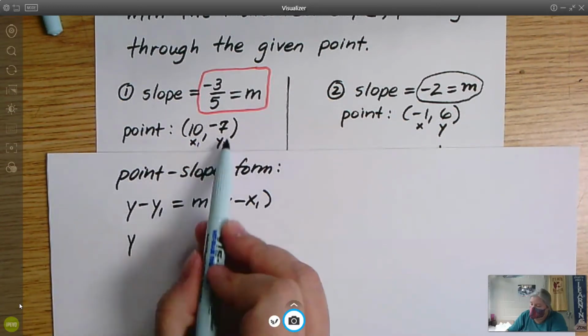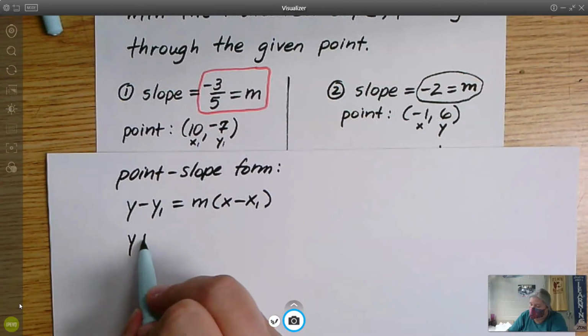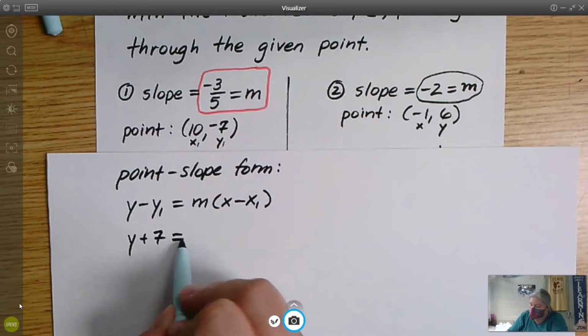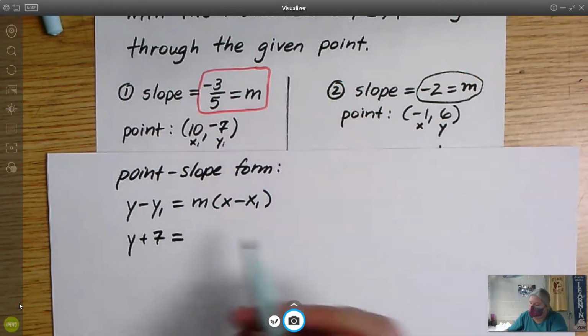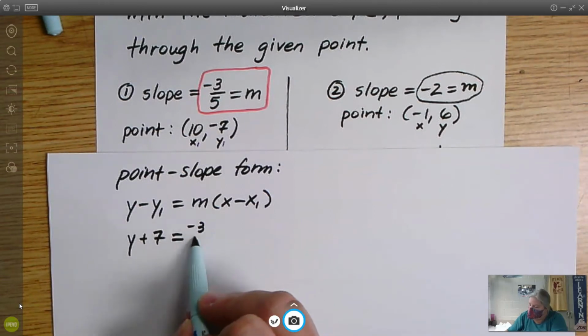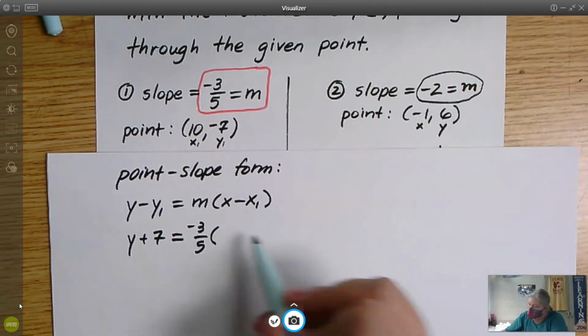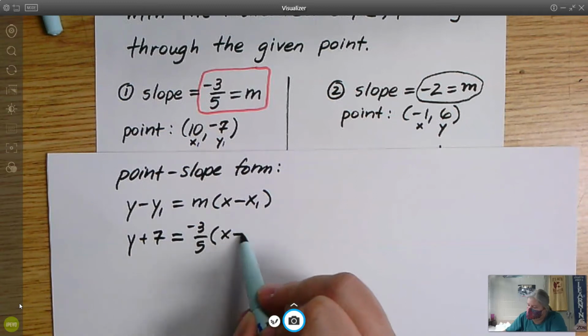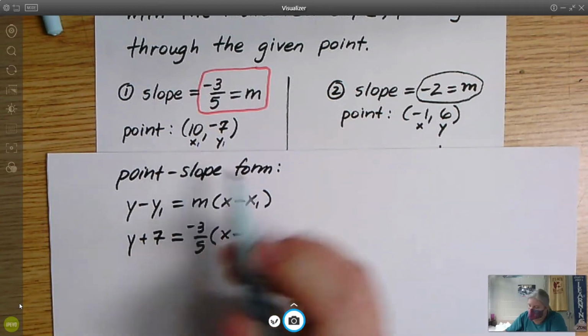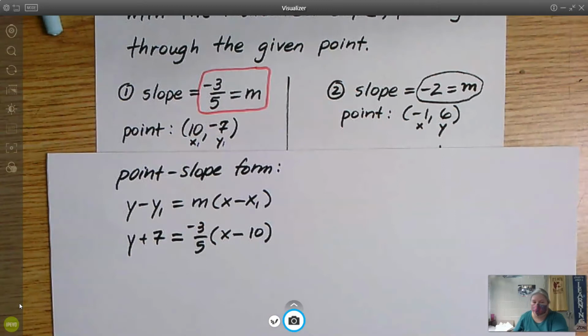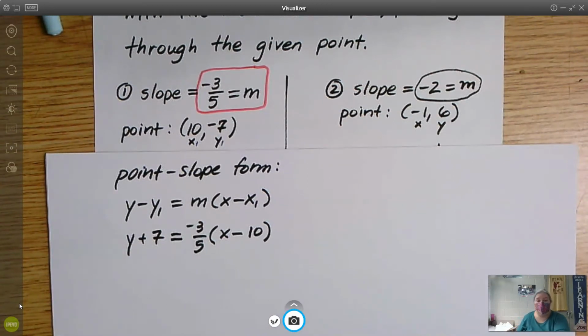So y minus negative 7, minus a negative becomes plus, equals, here's my slope, times the quantity, all of this together, x minus x sub 1. And if I'm asked for the equation in point-slope form, then I'm done. And that's it. So it's really tailor-made for this particular set of information.